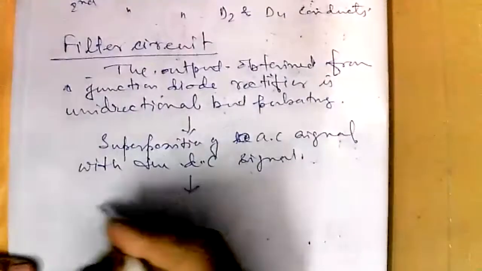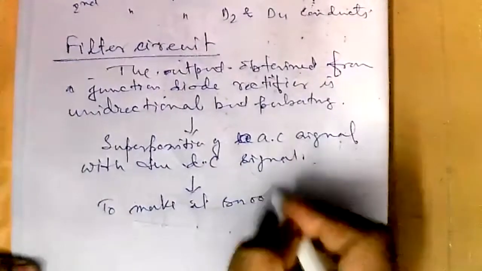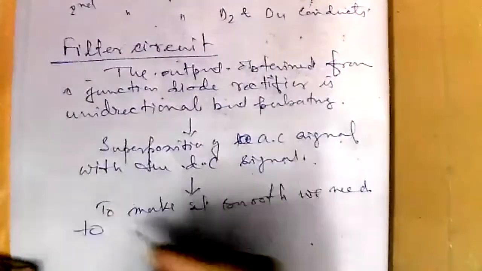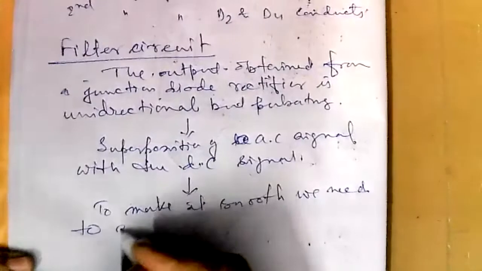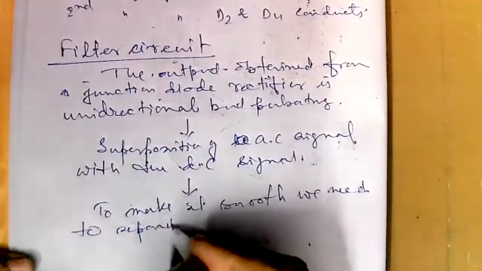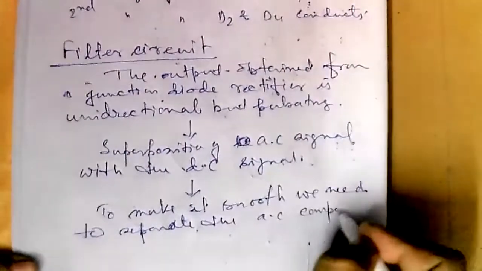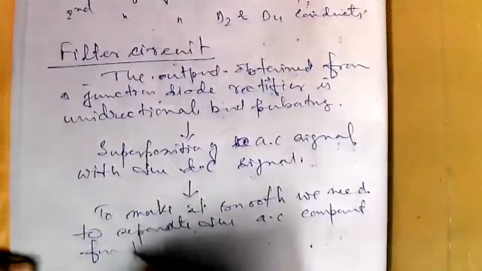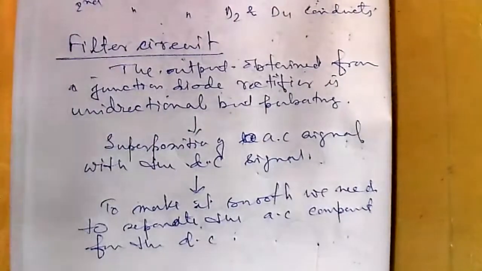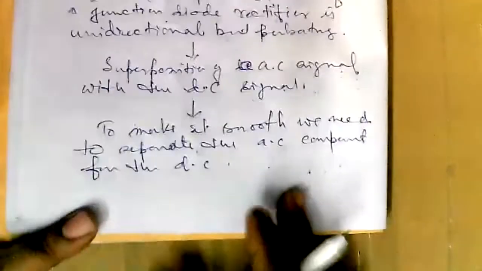To make it smooth, we need to separate the AC component from the DC. Now, a filter is a device which is used for separating the AC component from the DC.